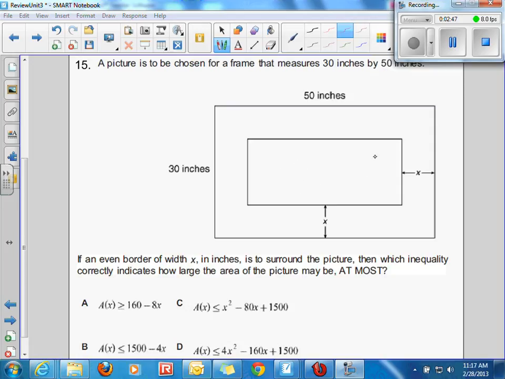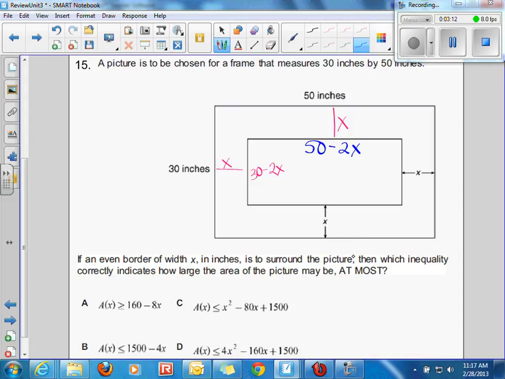To find the dimensions of this inner rectangle, remember that x is being cut off from both sides because it's a border that goes all the way around it. So the new height here would be 30 minus not just 1x, but 2 x's, and that's where people get tripped up. And then the width would be 50 minus x from each side, so 50 minus 2x.